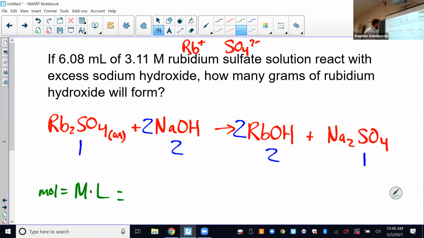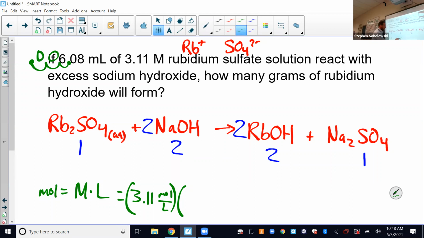All right, so in this case, my molarity is 3.11 moles per liter, and my volume is 6.08 milliliters. Now with volumes less than 10, you got to be a little careful here. So we have 3 times and have 2 zeros after the decimal. So 1, 2, 3, it's going to be 0.00608.